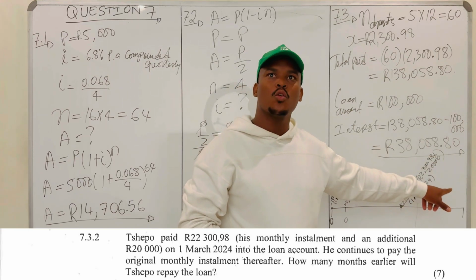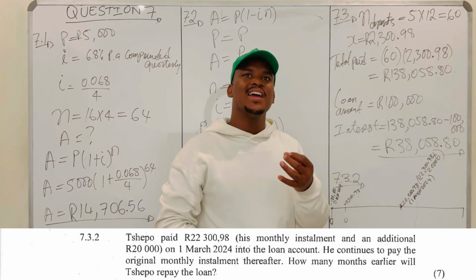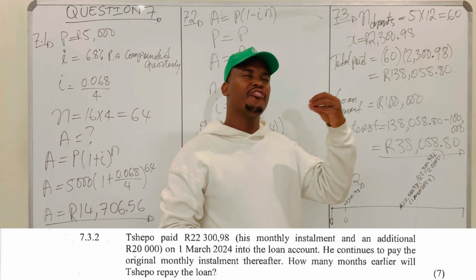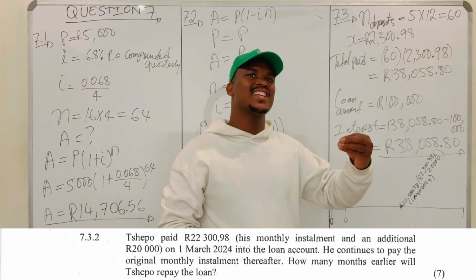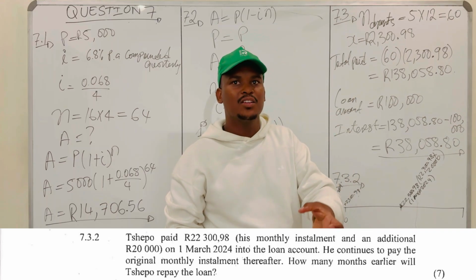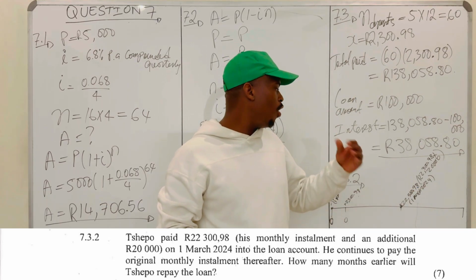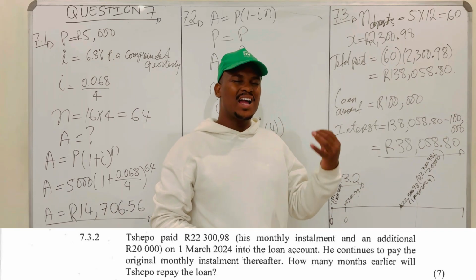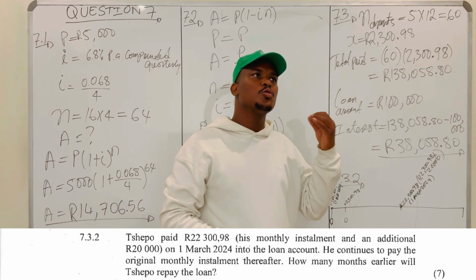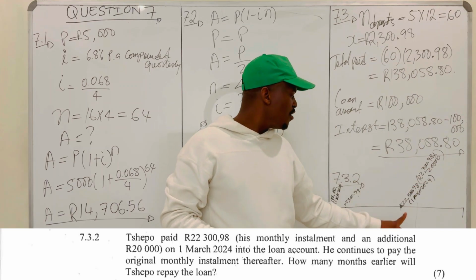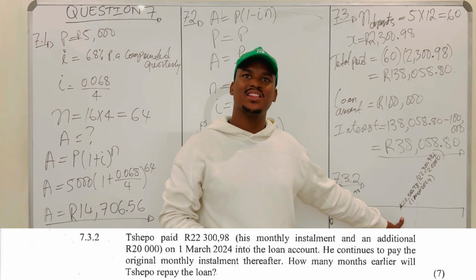Once we know the balance, we can calculate the number of 2,398 rand 98 cent payments that he will need to make to the bank to finish whatever the balance of the loan was at that point.